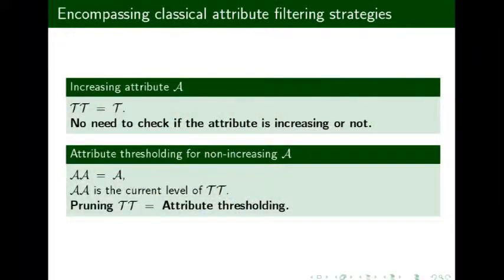Okay. This is good because it generalizes the classical attribute filtering. If the attribute is increasing, the mean tree of the first tree is exactly the same tree. So you don't have to ask the question whether or not the attribute is increasing.